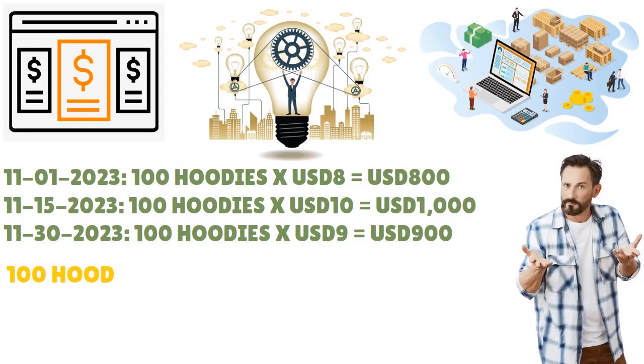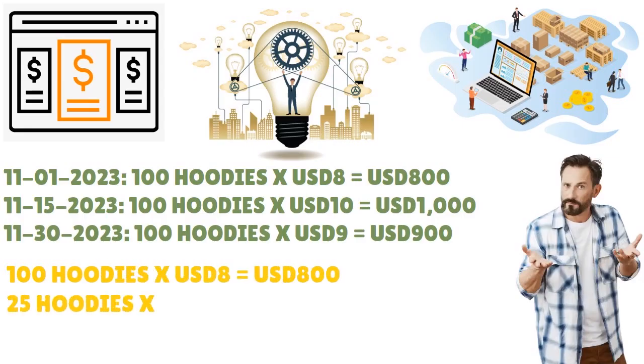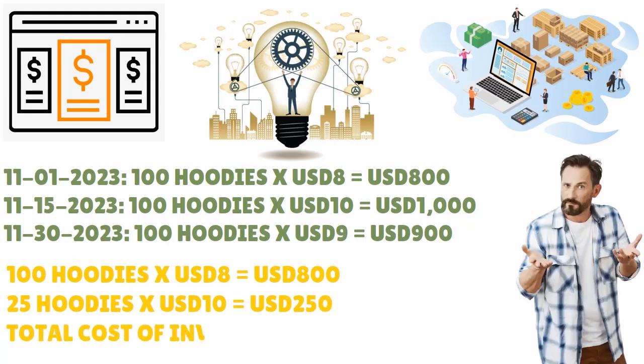Under the FIFO method, the order includes the first hoodies taken into stock at $8. The remaining hoodies in the order were accounted for under the second price offered by your regular supplier at $10 each. Now the next order, completed on November 28th, will be recorded as follows, and I'm putting this on the screen: 75 hoodies, and total cost of inventory $14.25.